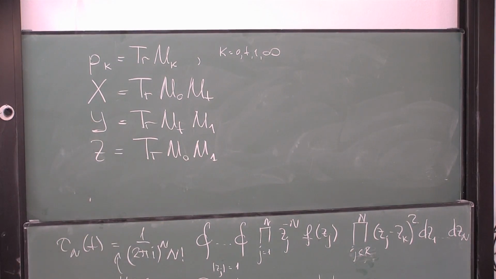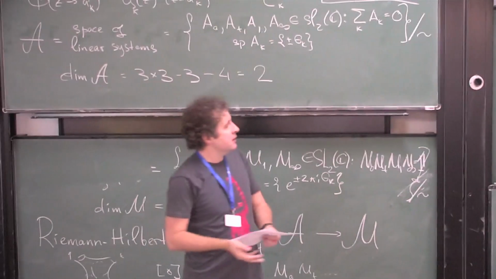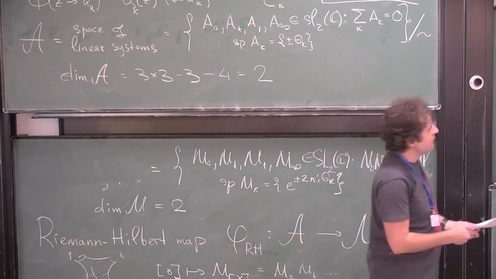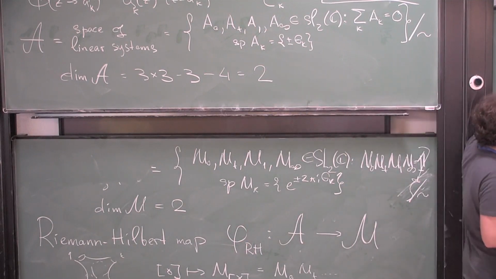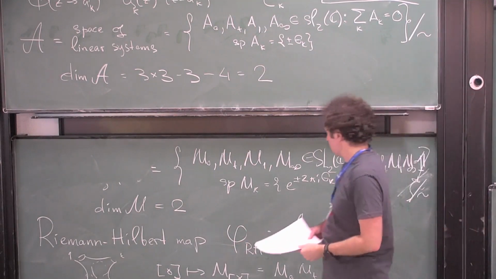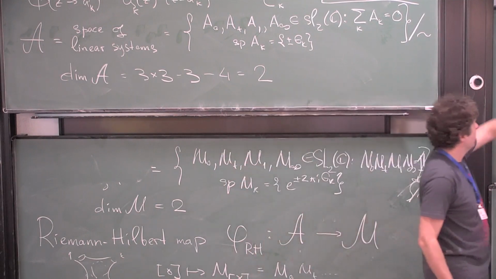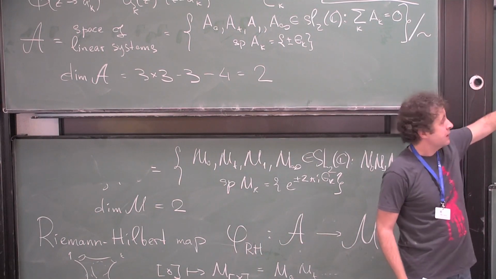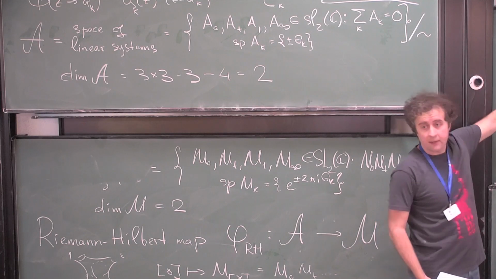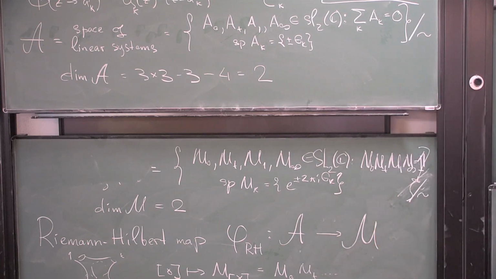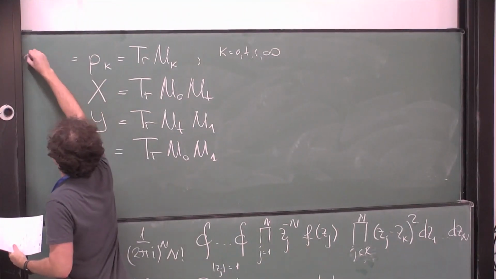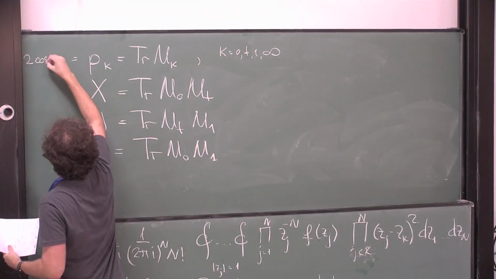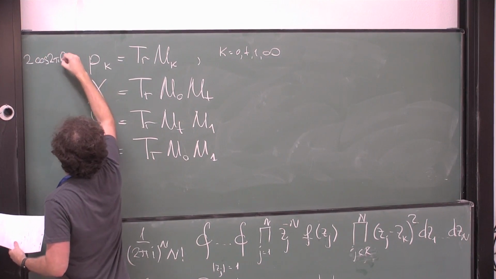So it is, well, not completely trivial, but not a very difficult exercise to check that you can express any such trace as a polynomial in terms of these 7 quantities. Now, these p_k are related to local monodromies, 2 cosine 2 pi theta.